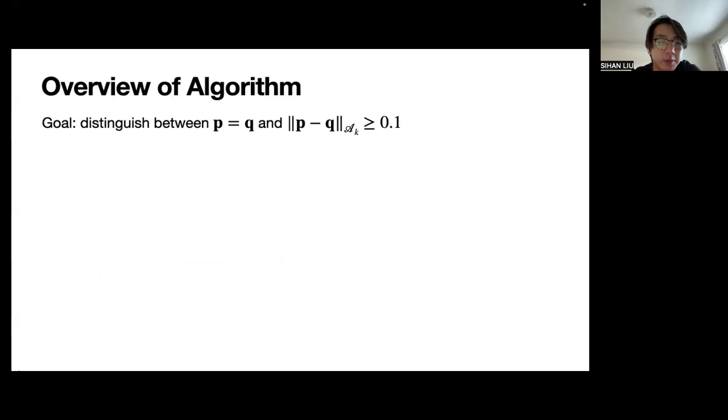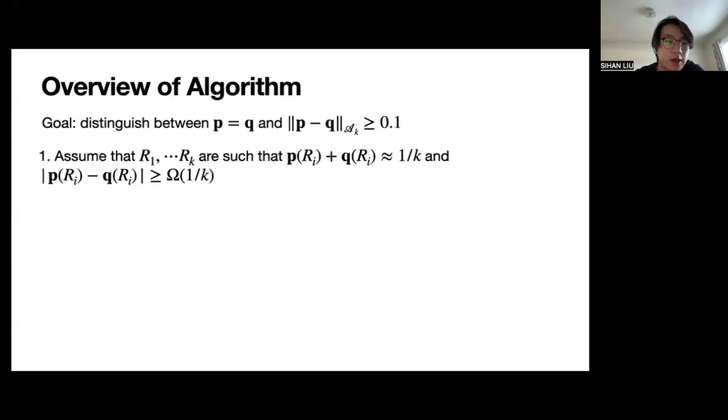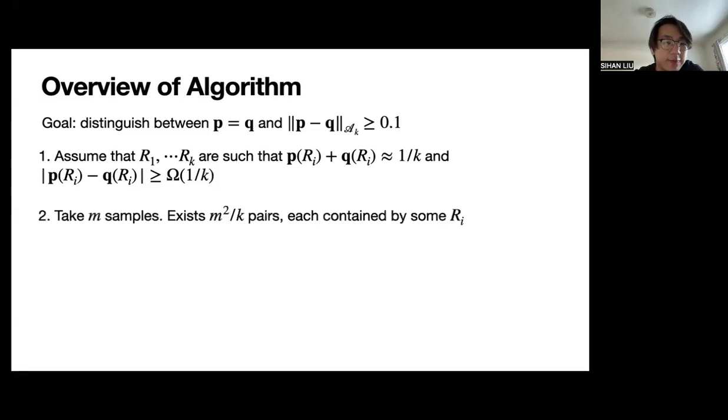But before we dive into the proof of this result about discrepancy captured by random rectangles, we briefly sketch how one would leverage this structural property to devise an efficient tester. Without loss of generality, we can assume that there exist k unknown rectangles such that each of them has mass about 1 over k and witnesses about epsilon over k discrepancy between the two unknown distributions. If we take m samples, approximately m squared over k many such rectangles will contain two sample points.